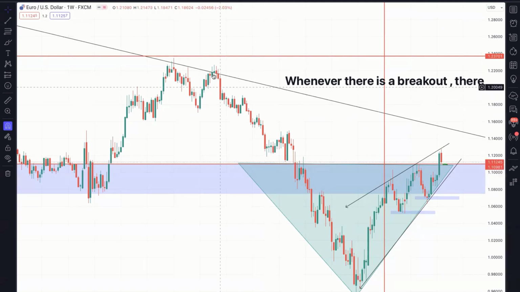Do you also know that there was a breakout on this level? Let me draw the trend line for you to see.